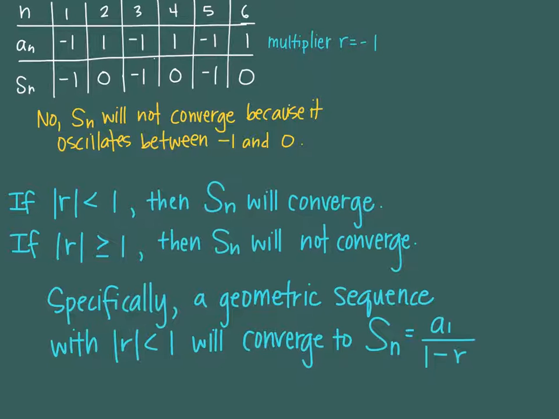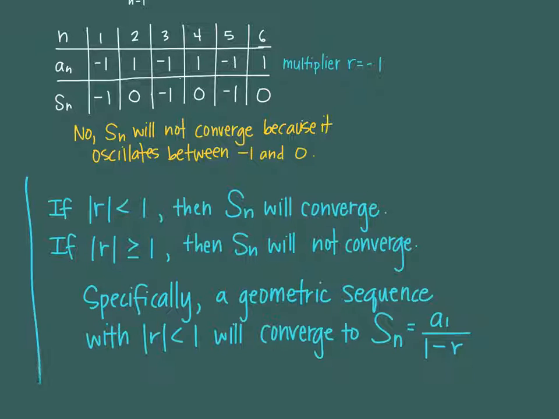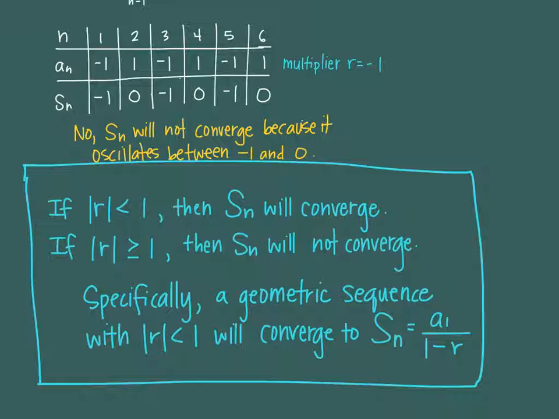That little tidbit is a fantastic thing to know: if the geometric sequence has a multiplying factor with an absolute value between -1 and 1, then it will always converge to that sum. And I'll show you how that would work in our previous example.